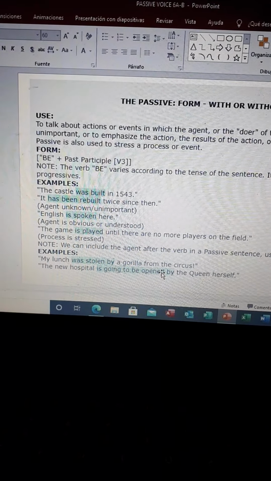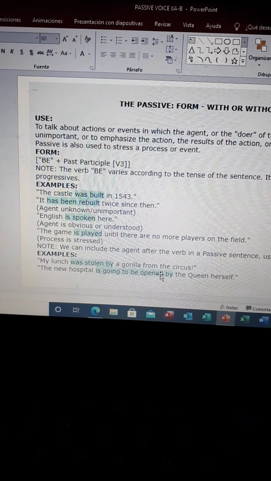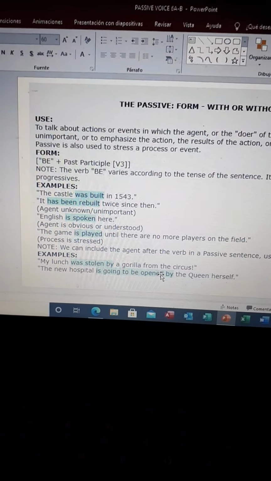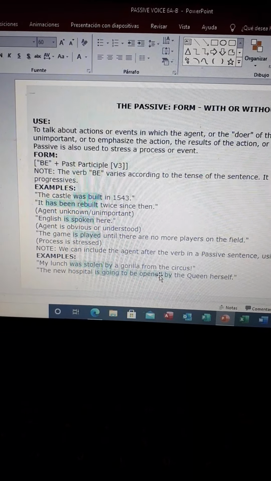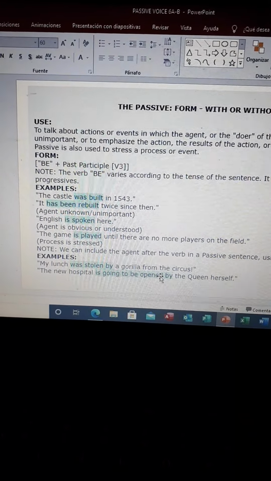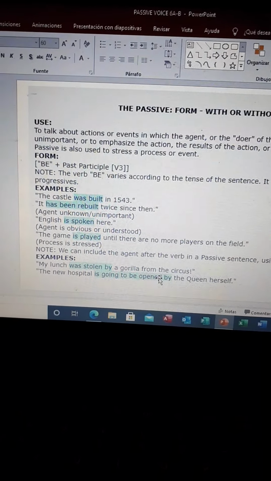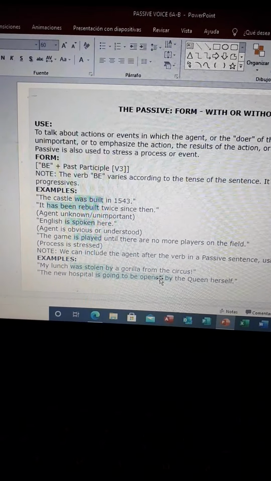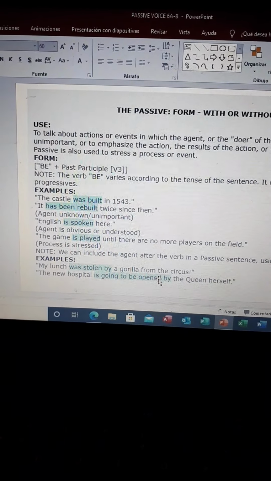O sea, el inglés es hablado, es lo que nosotros conocemos en español como es hablado, es traído, fue construido, ha sido cocinado, ¿ok? Ese es el tiempo del que vamos a hablar. O se construyó, se dijo, se platicó, se hizo. Ese es el tiempo de passive voice, ¿ok?